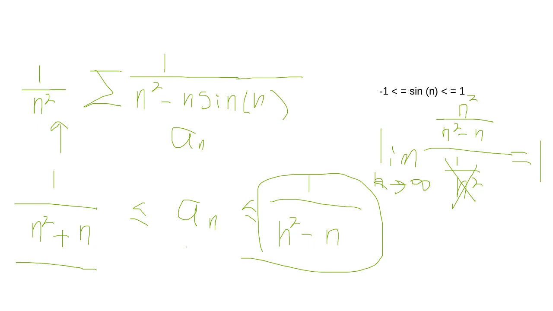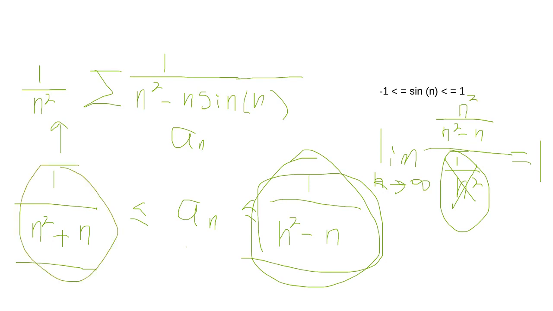And we know 1 over n squared converges. It's a converging series, right? So we're done. By the limit comparison test, this one converges as well. So we have a lower bound that converges, we have an upper bound that converges, and a_n is in the middle, so it must converge also.